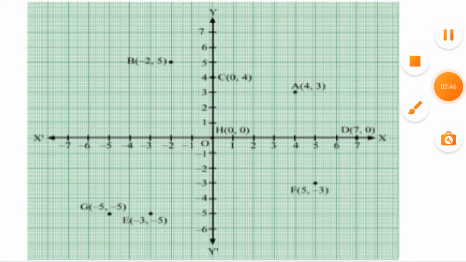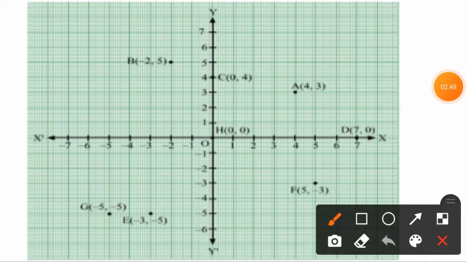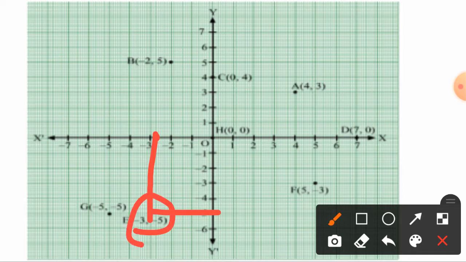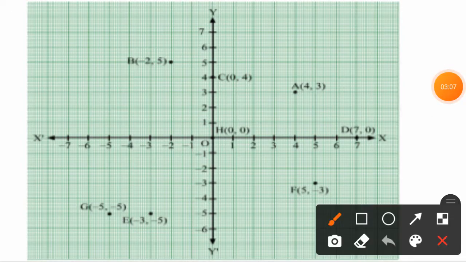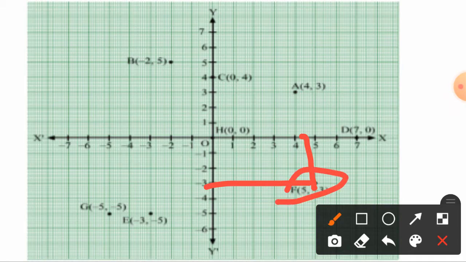Now point E. In point E we have (-3, -5). From the x-axis it is -3 and from the y-axis it is -5. So this point is (-3, -5). Now point F is (5, -3). On the x-axis we have 5 and on the y-axis we have -3, so this point is (5, -3).